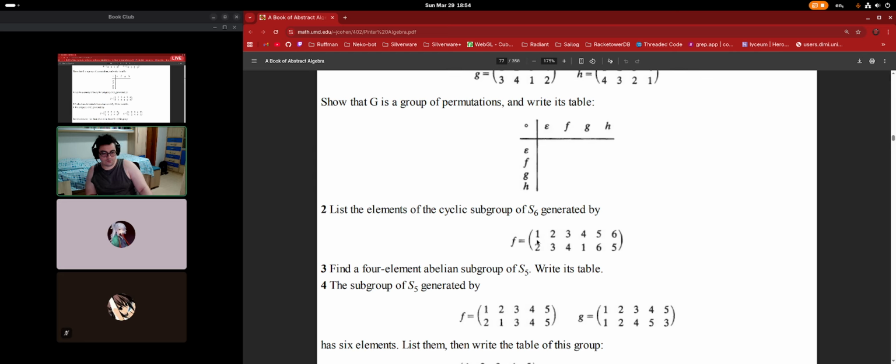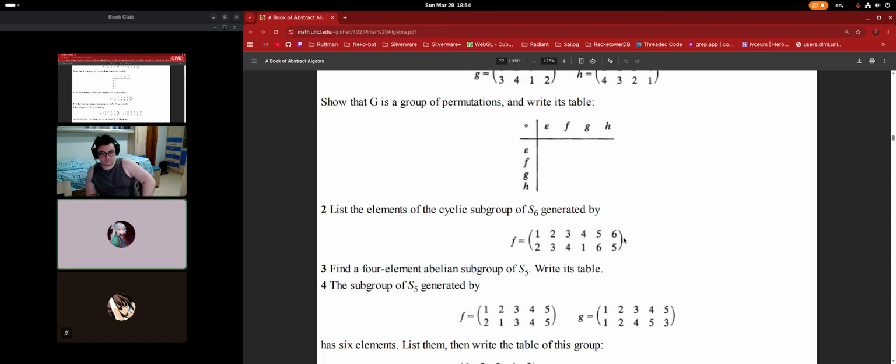It's rotating the four first elements and flipping the other two. You said 8 elements? Actually, it could be less because it's a group of 2 and a group of 4, so they'll sync up. So it could be 4 actually. Let me think for a second.